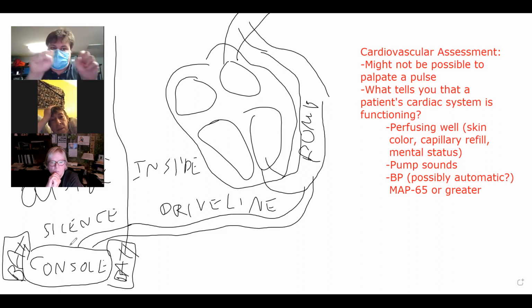So you want to check that everything's connected and hasn't gotten knocked loose. The last thing that can happen is an infection at the site where the drive line goes into the patient. It's usually covered by a 4x4 gauze with a little slit in the middle to wrap around the drive line. If you pull that back and you see pus or anything else that does not look healthy draining from that, that could be a sign that there's an issue there.